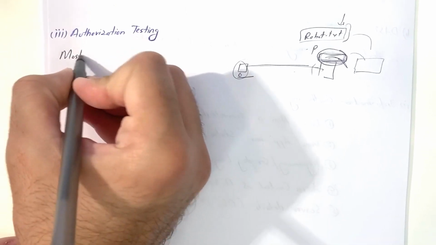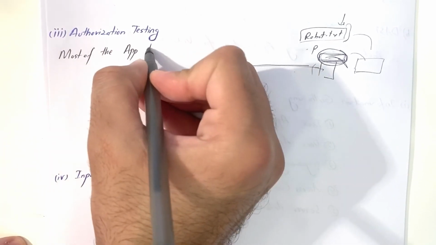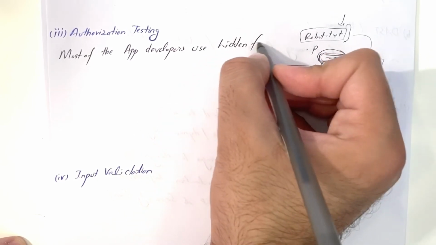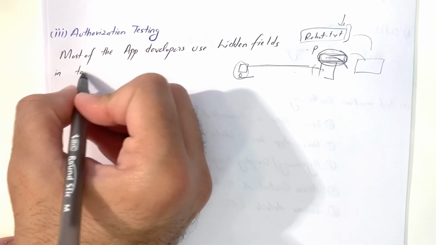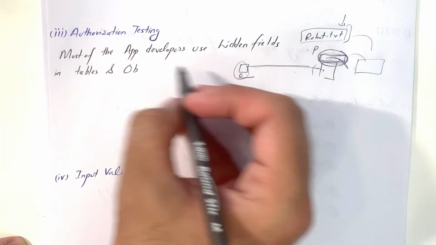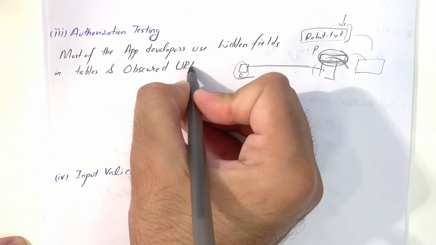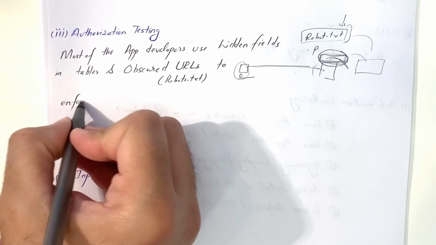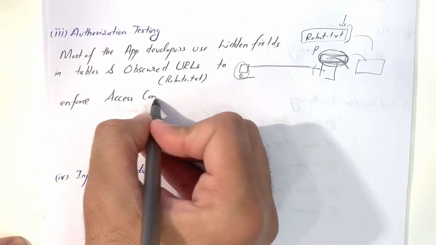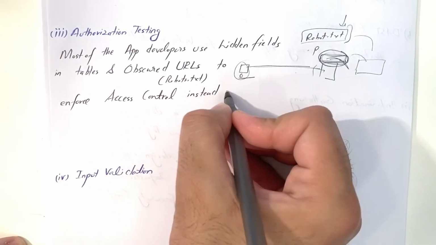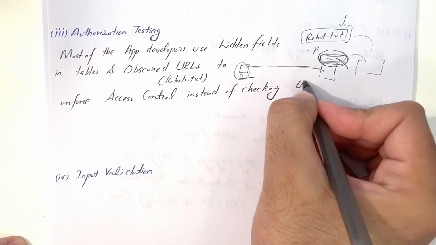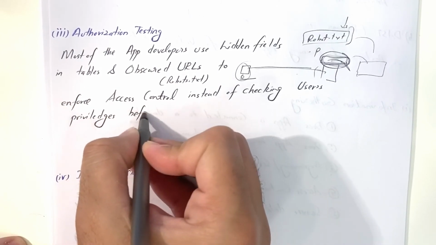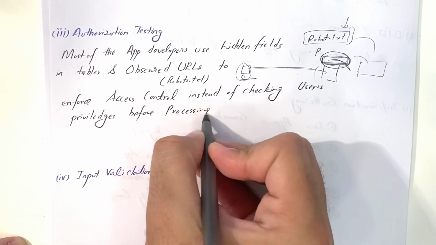So most of the application developers use hidden fields in database tables, and obscured URLs like robots.txt to enforce access control instead of checking user privileges before processing a request.